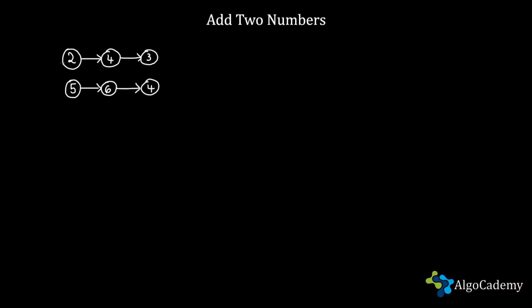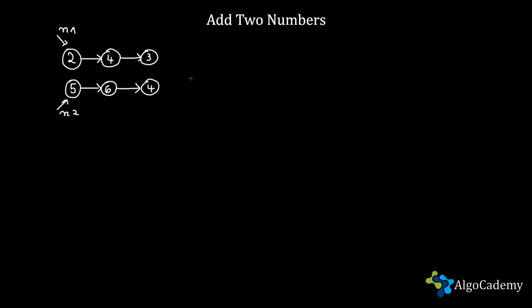And because now the digits are nodes, we need something to point to those nodes, right? So initially, because we want to deal with the first nodes, I'm going to have a pointer, node 1, which is initially the head of the first list. And I'm going to have also a pointer node 2, which is going to be the head of the second list.